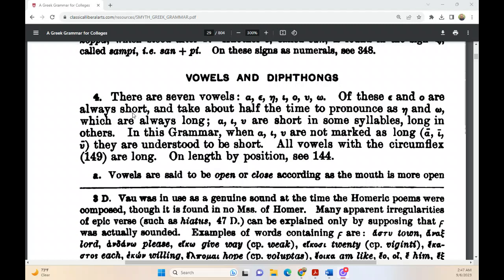So make sure you understand here in Article 4 what the names are of the 7 vowels in Greek, which of them are always short, which of them are always long, and which of them can be long or short. That's what's to be learned in Article 4.